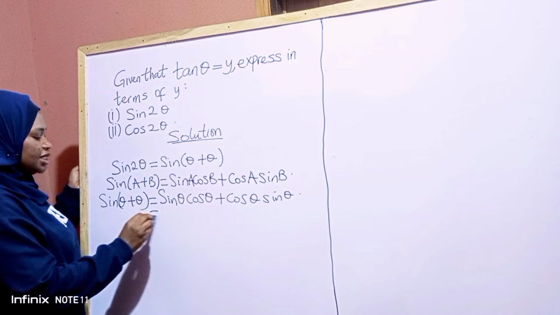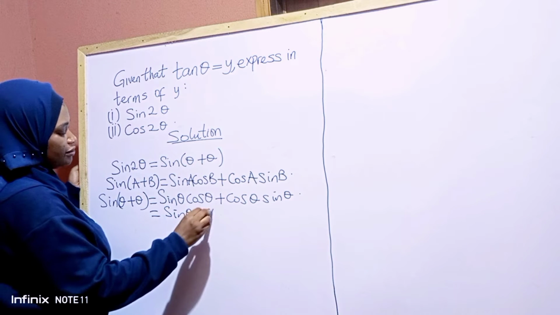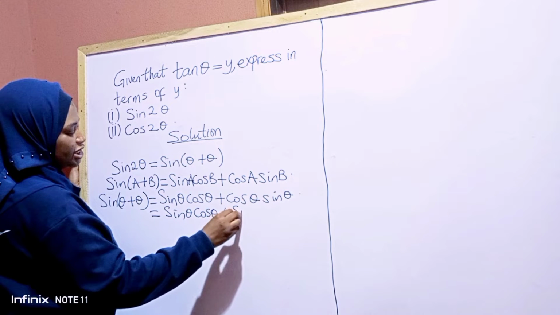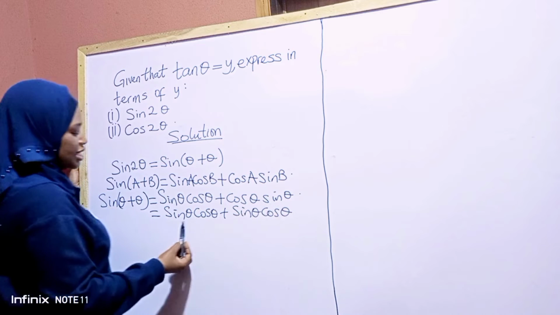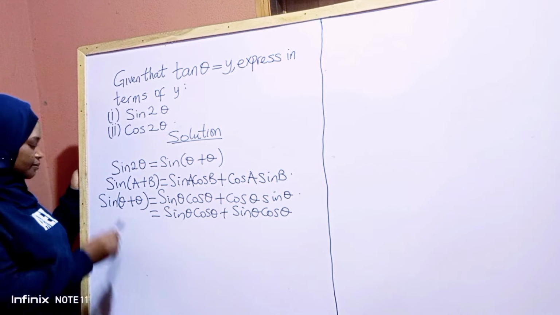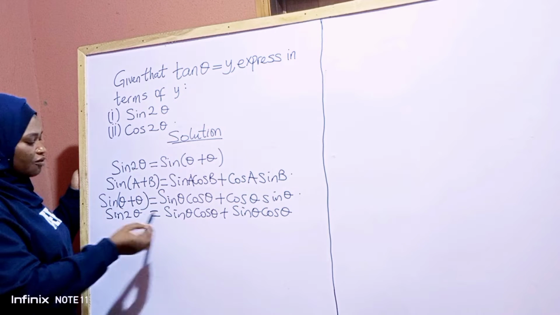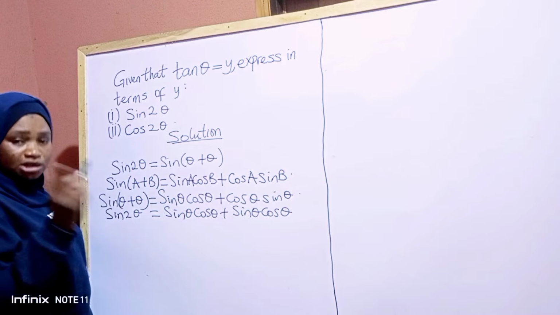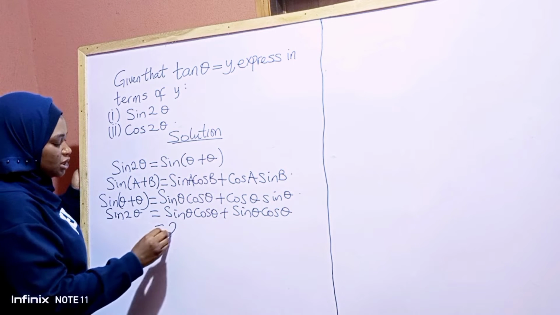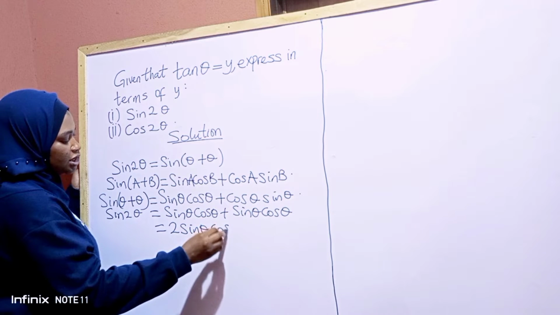Now I can rewrite it as sine theta cos theta plus sine theta cos theta. You can see that they are like terms. So this is my sine 2 theta. So from here, sine theta cos theta plus sine theta cos theta is equal to 2 sine theta cos theta.